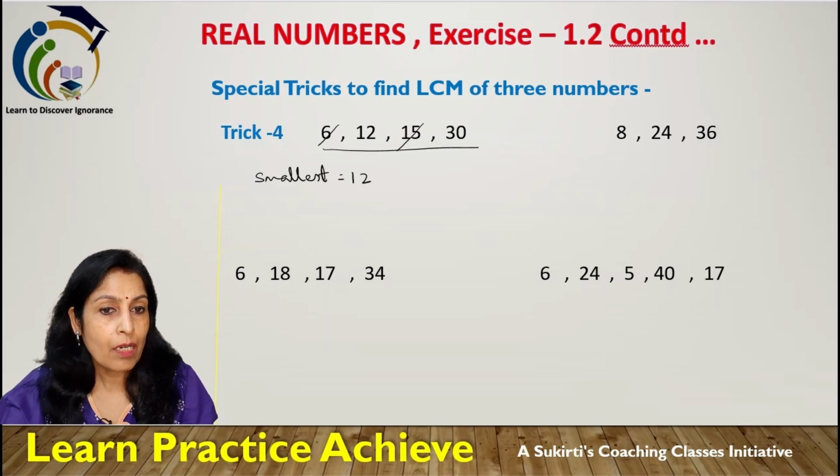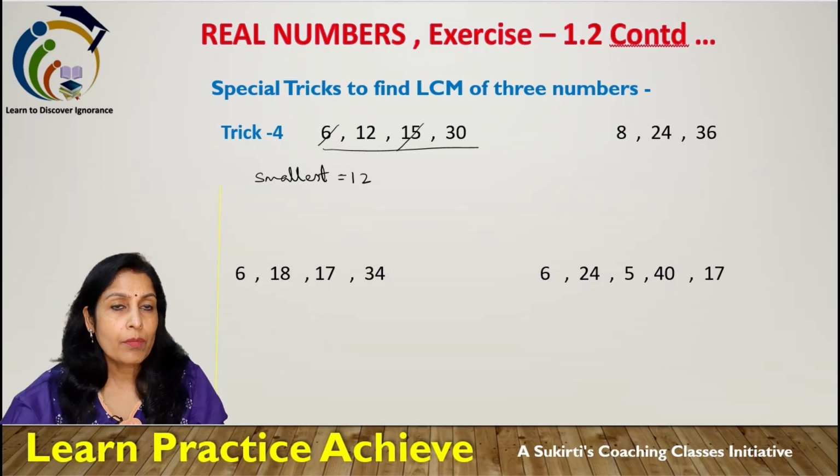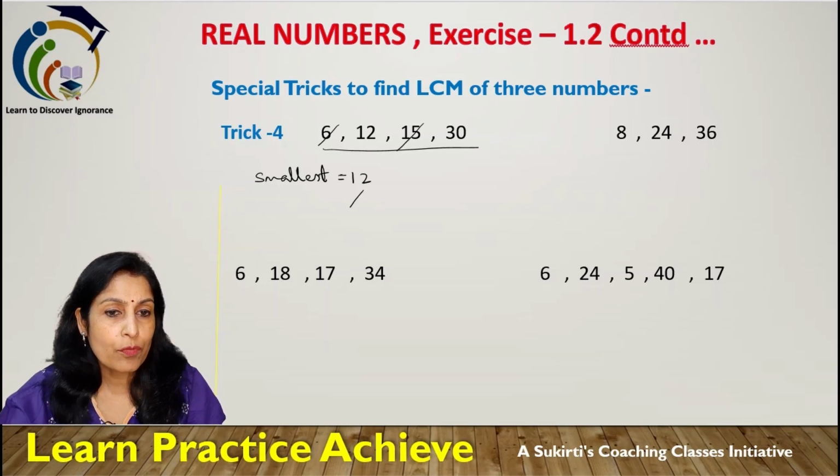Okay. Now, when you are getting 12 as the smallest number between these two, find out the highest factor of 12. So here the factors of 12 are 2 and 6. The highest factor here is 6, which can divide 12 and 30.